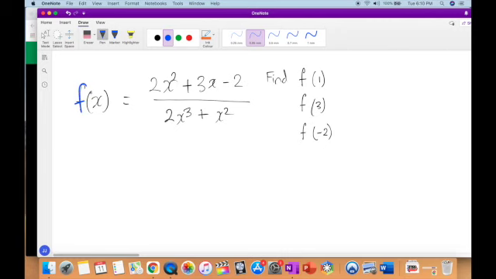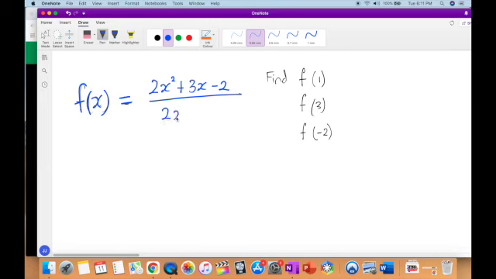The f of x, a function in x, is equal to 2x squared plus 3x minus 2, all over x cubed plus x squared, all over 2x cubed plus x squared.